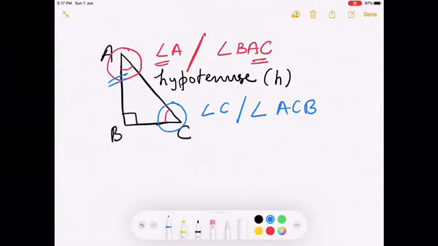Okay, so in a right angle triangle basically there are two more angles.